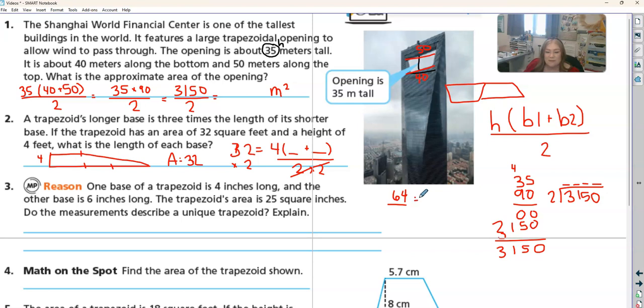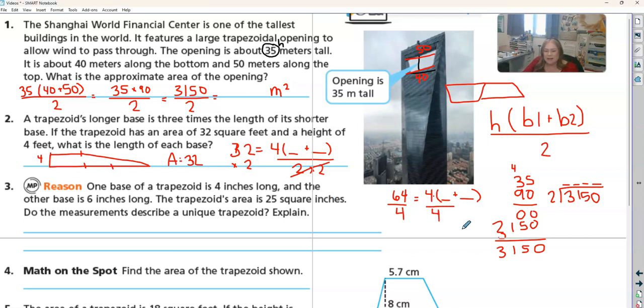So now we have 64 equals 4 times something we don't know. So now we're going to divide this by 4. Sorry, I had to pause and think about if that's what I really wanted to do. Yes, we are going to, the opposite of times is going to be divide by 4.